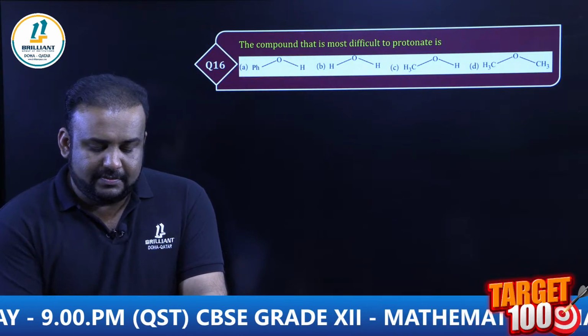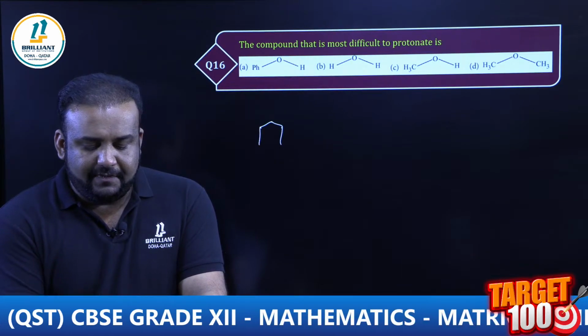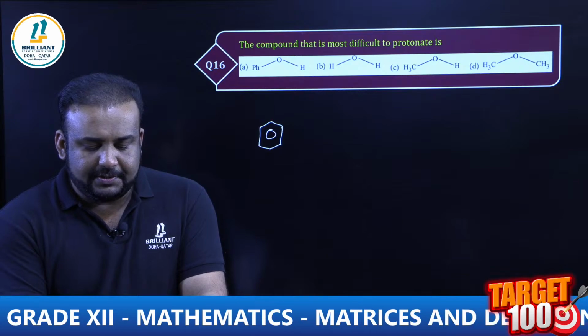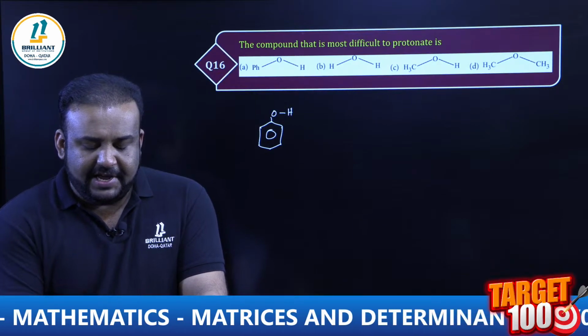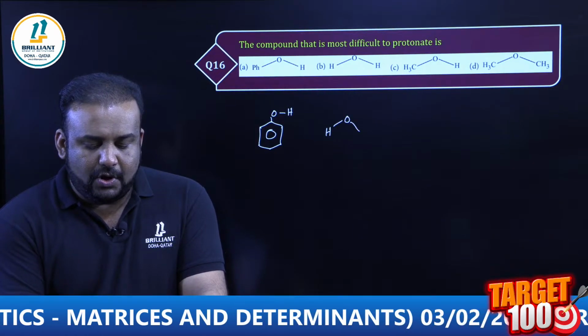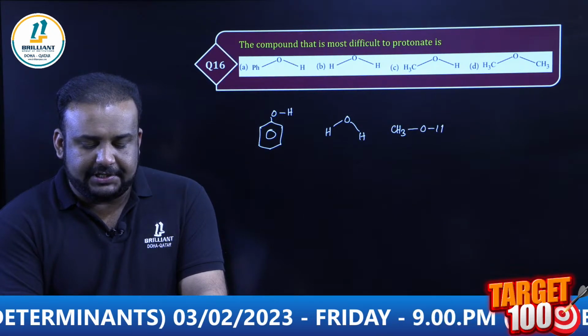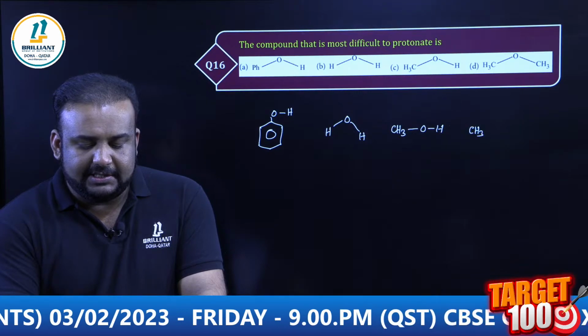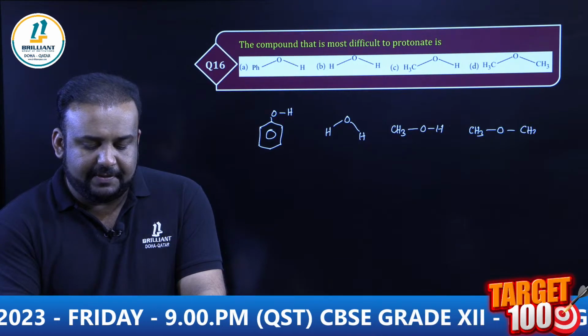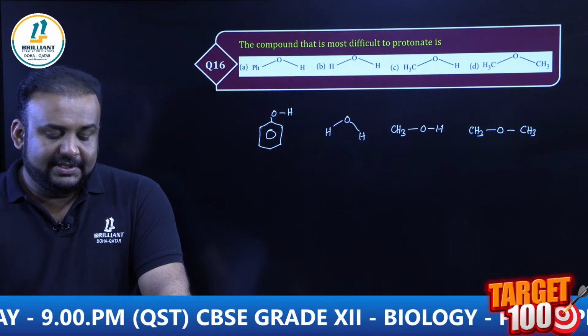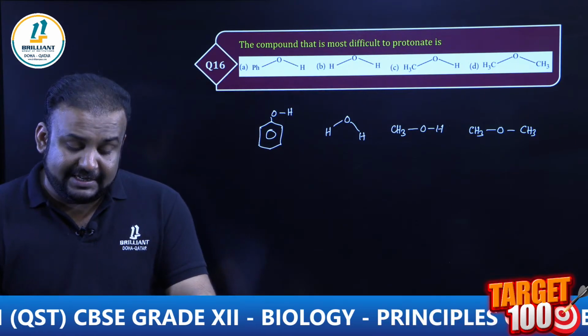This is phenol, a benzene ring with an OH. Then we have water, H2O. Then we have methanol, CH3OH. Then we have ether, CH3OCH3. Okay, think and answer.